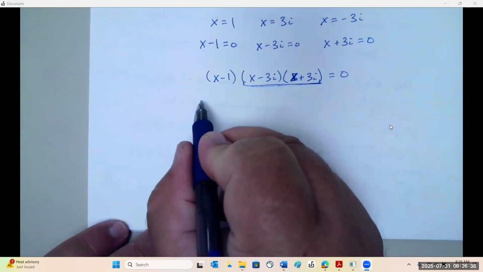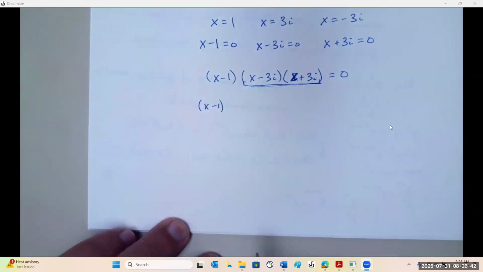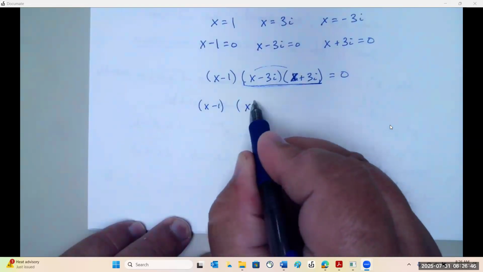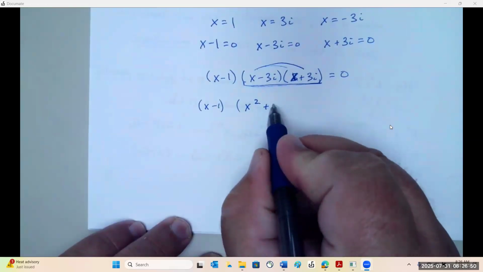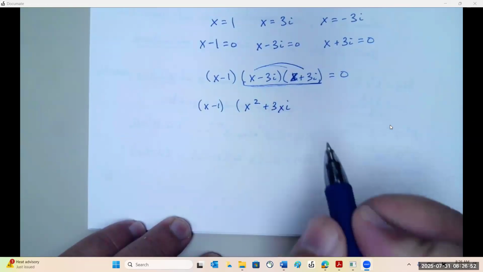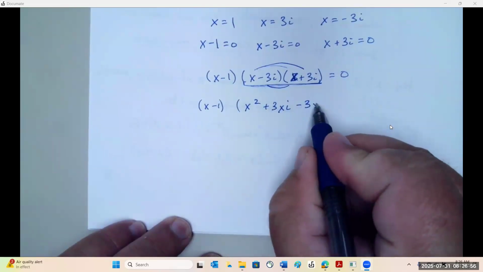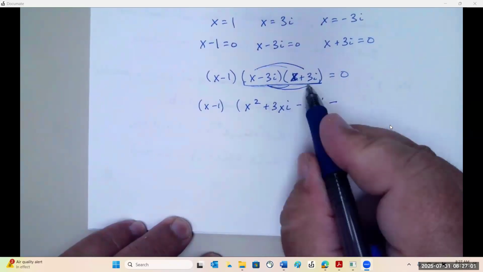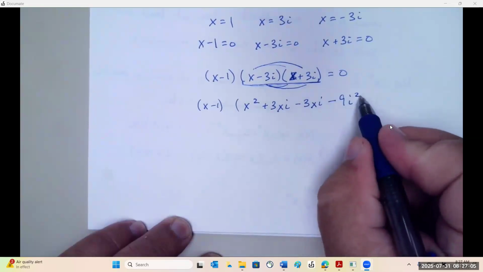Multiply the imaginaries first. X times x is x squared. Positive 3xi. Negative 3xi. Positive, negative is negative. 3 times 3 is 9. I times I is i squared.